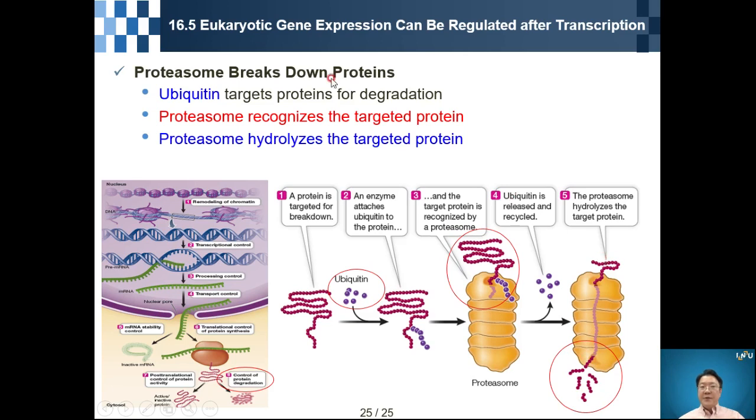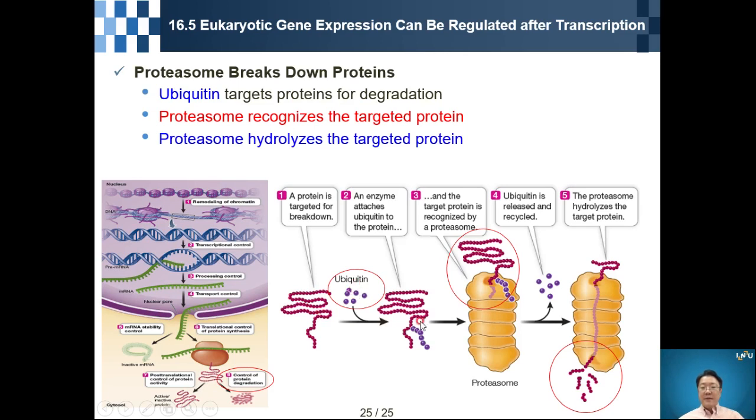So this is eukaryotic gene expression regulation after transcription, which we call control of protein degradation. Ubiquitin targets the proteins for degradation. When a protein is not functional, ubiquitin knows that.